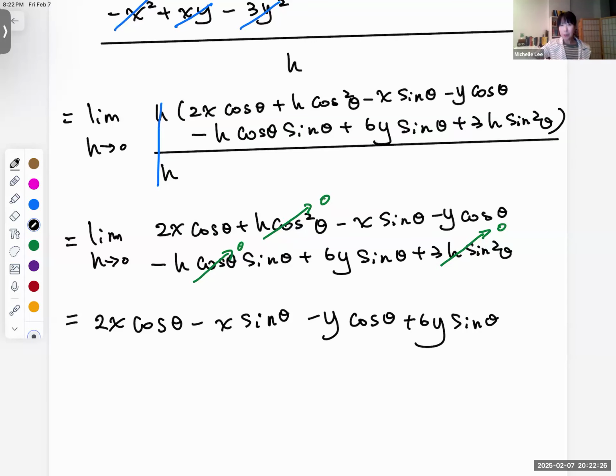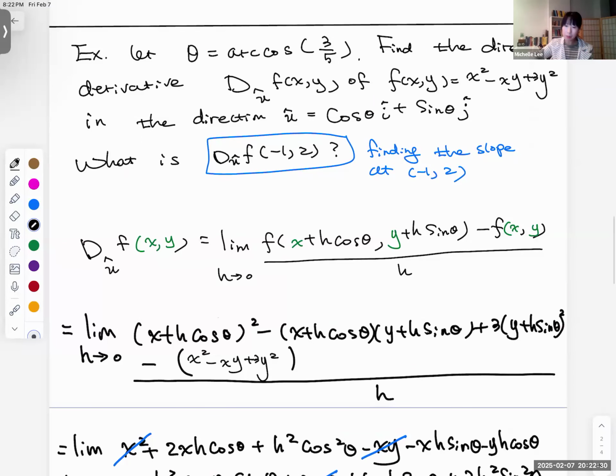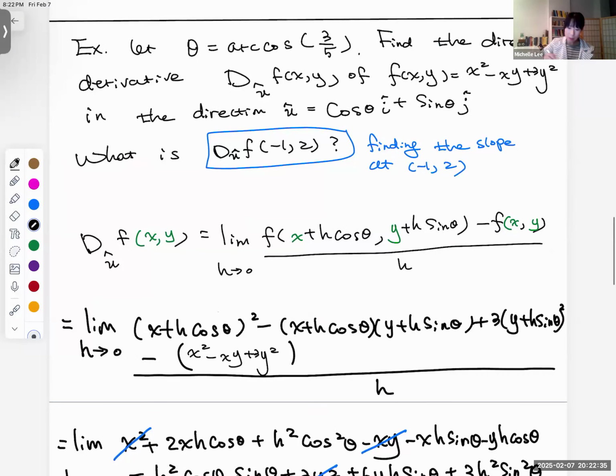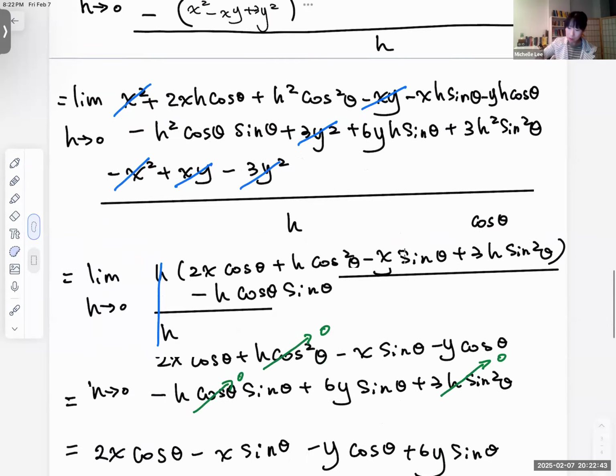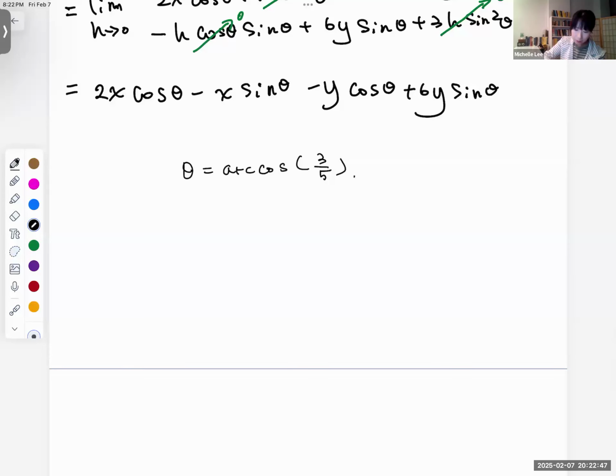So it's given we had r cosine 3/5 equal to theta, right? So let's copy that. Yeah.